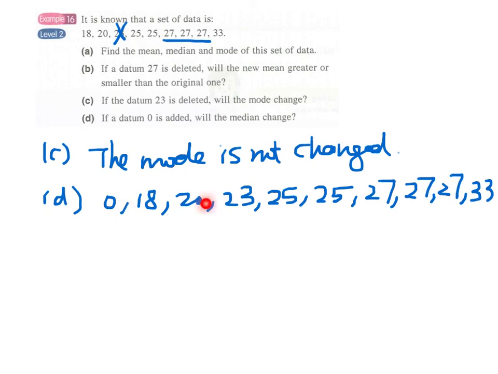And now we have 1, 2, 3, 4, 5, 6, 7, 8, 9, 10, a total of 10 numbers. So the number at the middle will be between the 5th and the 6th number, which is 25. And therefore, it happens in this case, the median is not changed because the original median is also 25. So the median is not changed.